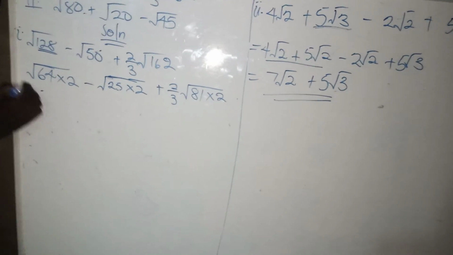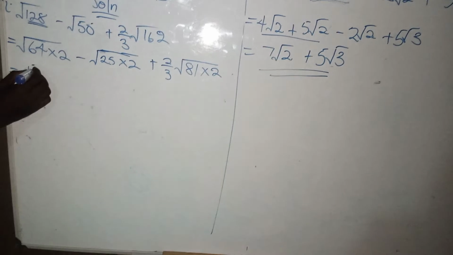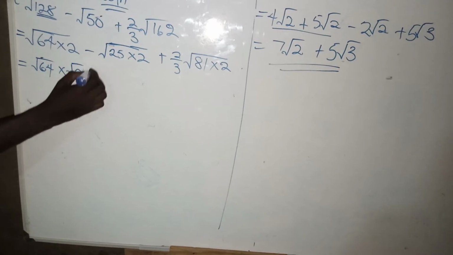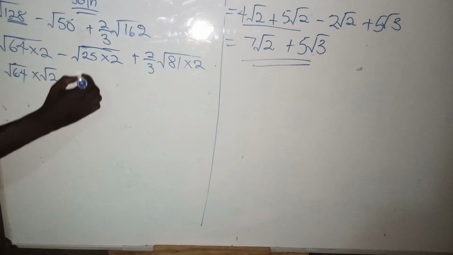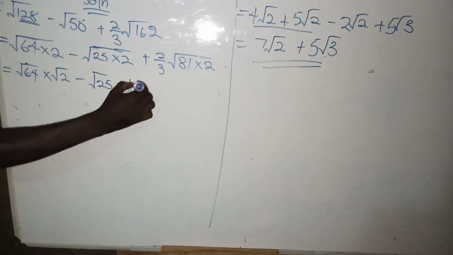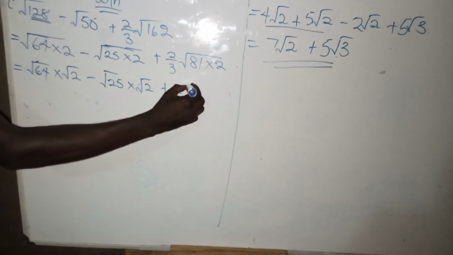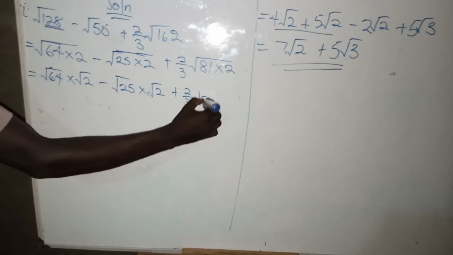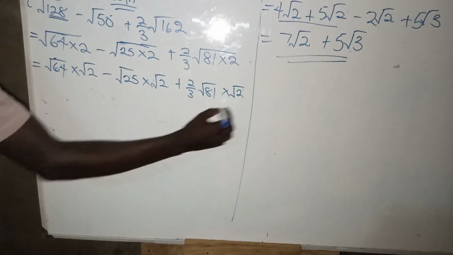This can further be written as the root of 64 multiplied by root of 2 minus root of 25 multiplied by root of 2 plus 2 over 3 root of 81 multiplied by root of 2.